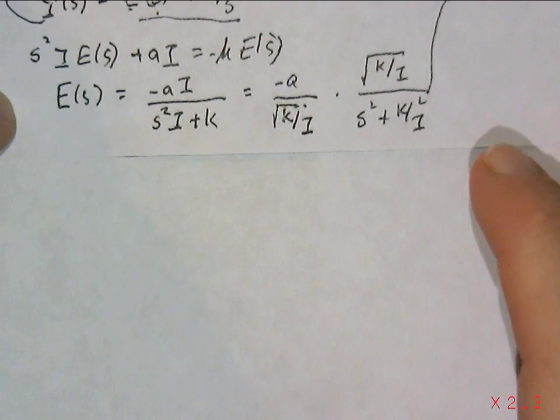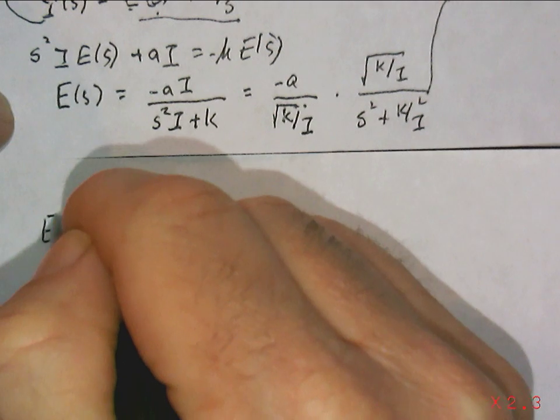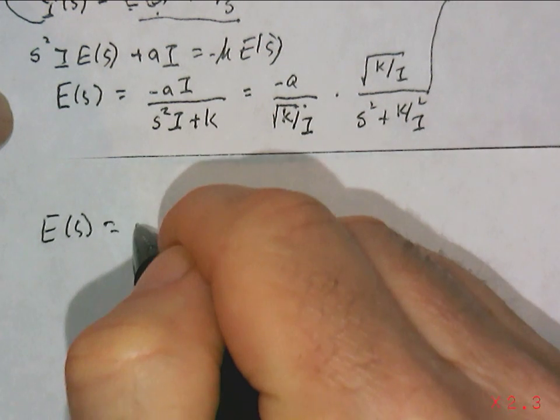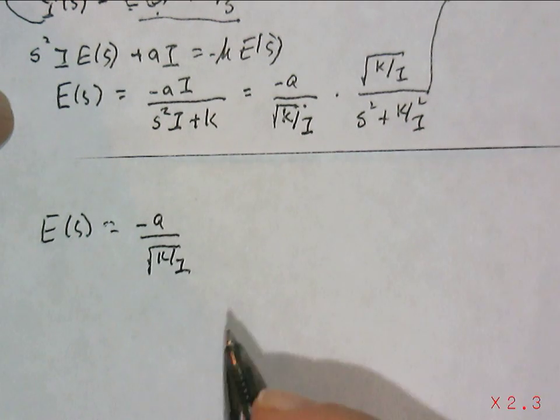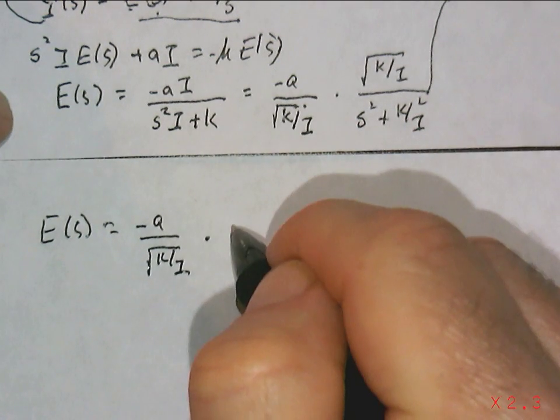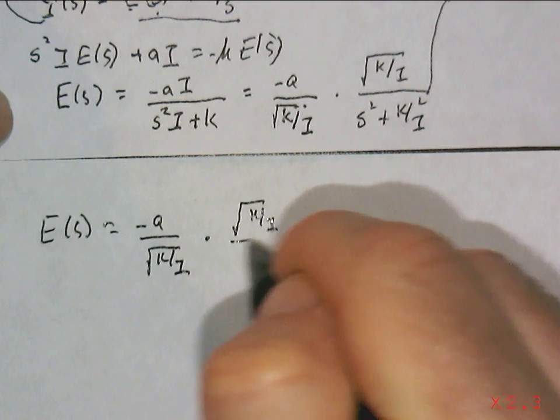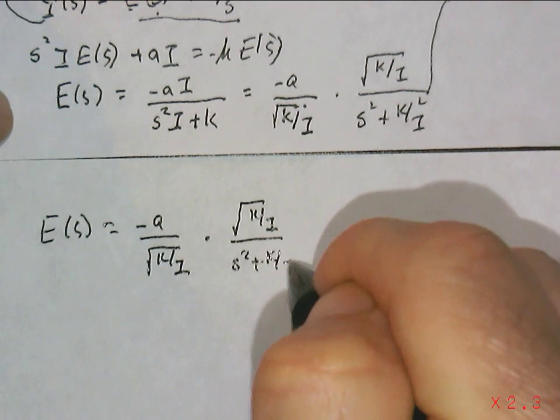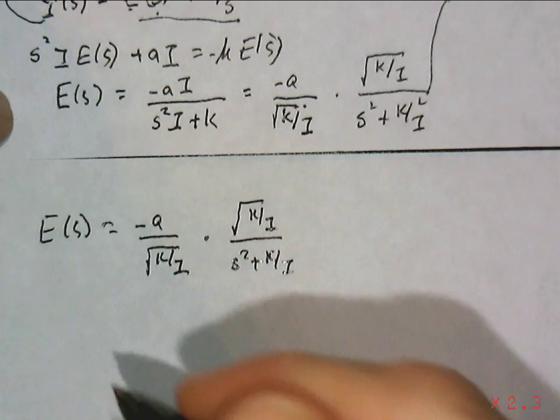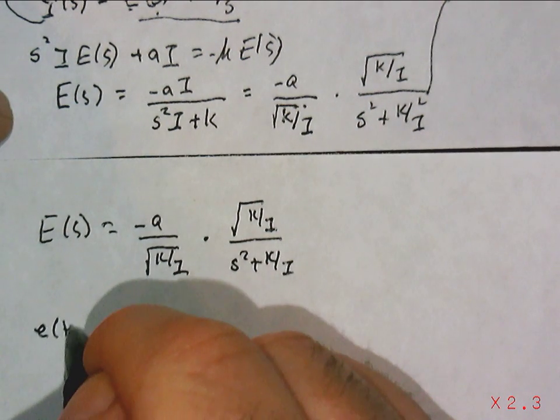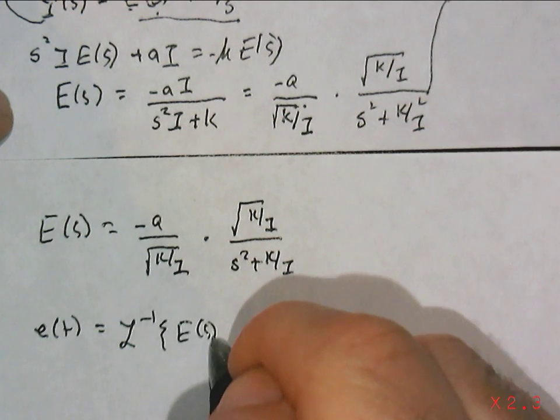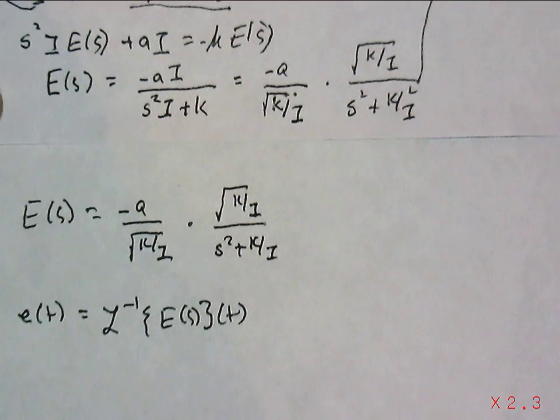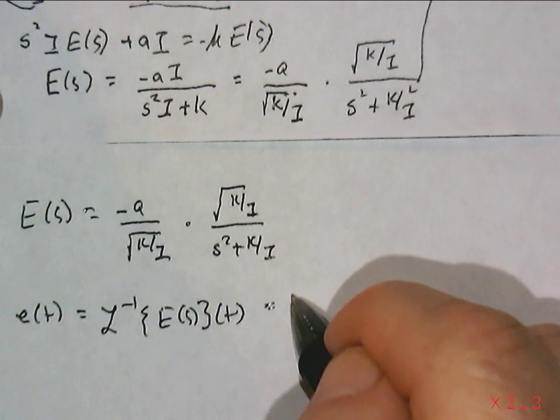What we've got is that E of s is minus a over the square root of the proportionality constant divided by the moment of inertia, times the square root of k over I, over s squared plus k over I. So E of t, which is the inverse Laplace transform of the capital E of s, mapping it back to the t domain: the constant remains outside.